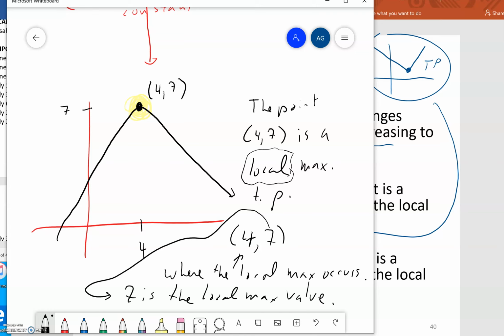So what I'm doing is drawing a distinction between the x-coordinate 4 and the y-coordinate 7. And there's a good reason for me doing that, because sometimes, especially in an application, we need to separate them.